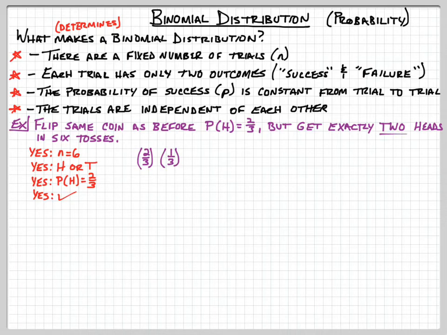So we know that this is going to be looking for 2 heads, so we're going to get 2/3 squared again. Then in the previous problem, we had the leftover results being a probability of 1/3. In this case, because we're looking at 6 tosses, the leftover is going to be 4, so we're going to take 1/3 to the 4th power. Now the only thing that remains is what's happening in front of here.